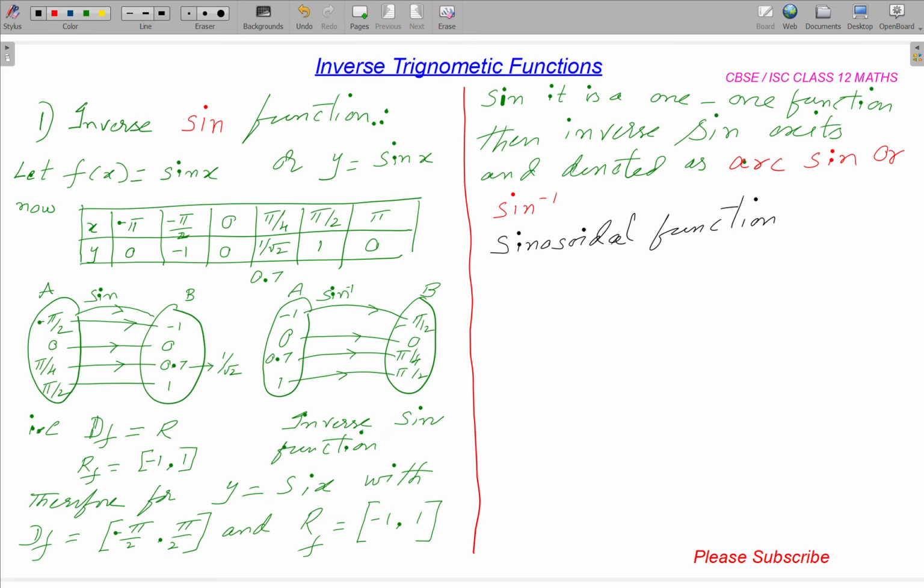Now, putting the values of the above table, we get a graph for the sine curve. The values are in between 1 to minus 1.